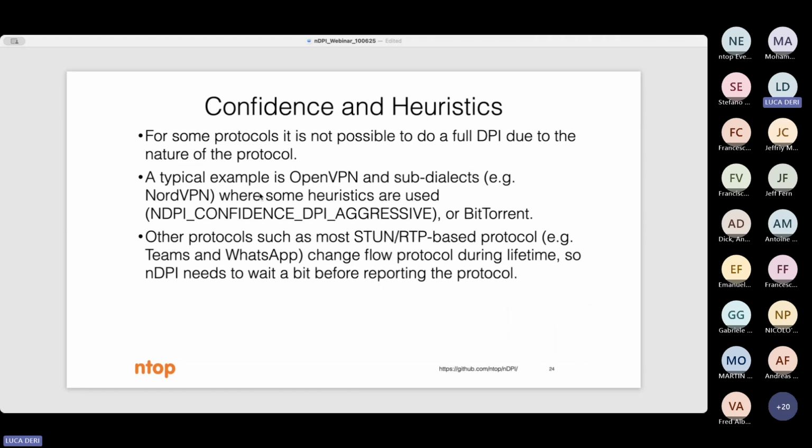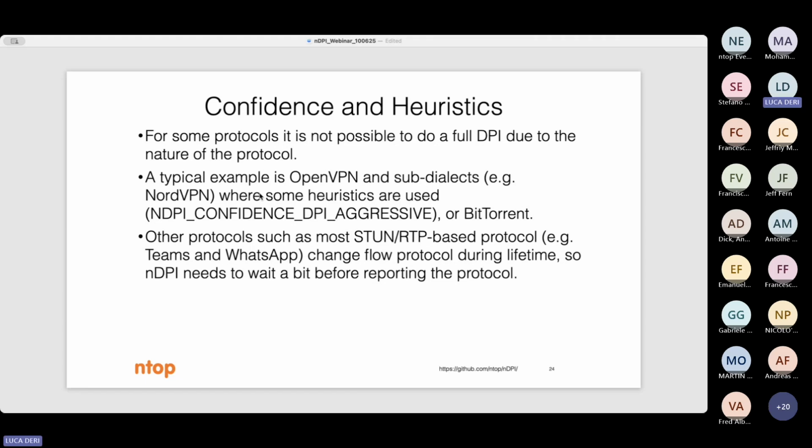The confidence and the heuristics are two things that go together. For instance, one of the recent trends in this industry is to have privacy VPNs. Those VPNs you can find on Google Play, on the Apple Store, that you install on your telephone. You can connect anywhere in the world, and they're supposed to guarantee you privacy and the fact that you are not being intercepted by the ISP or the network provider.